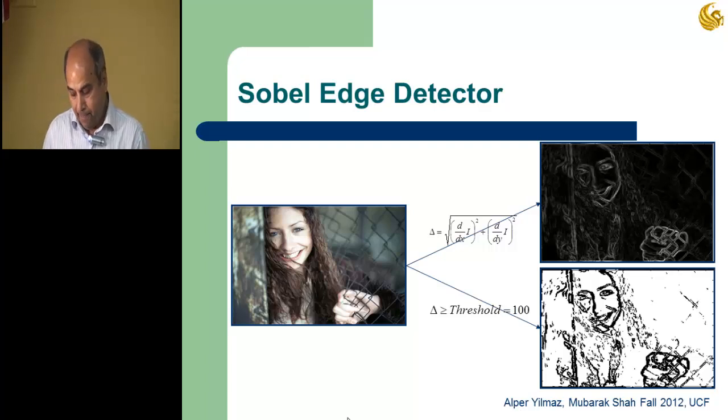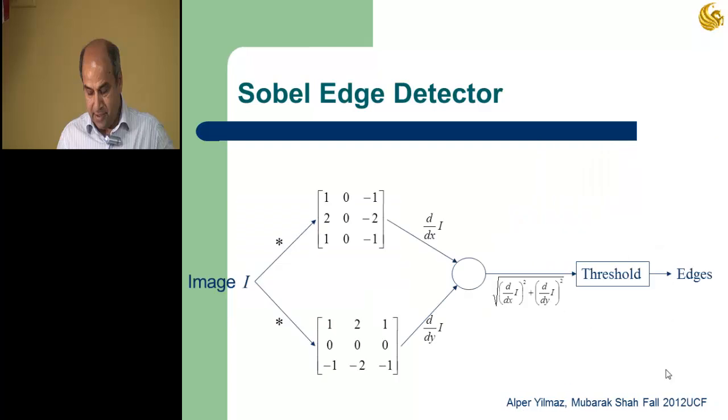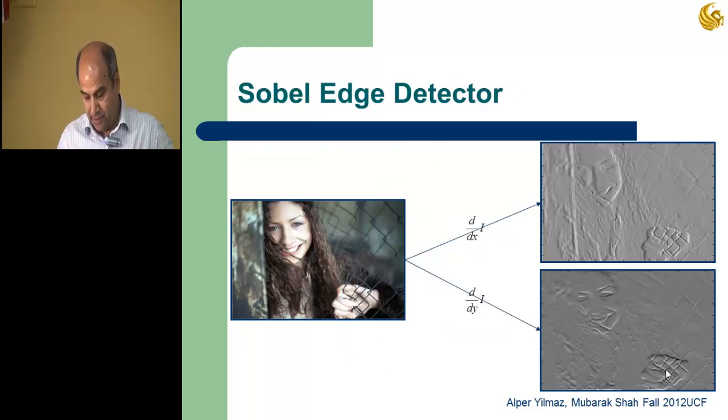So here, each pixel within an edge is black, and the rest of the pixels are white. This is an example of a binary image, which means it's telling you which pixels are edges and which are not edges. And this is actually a color image, but we are only using one channel.